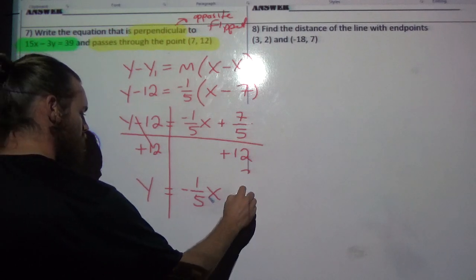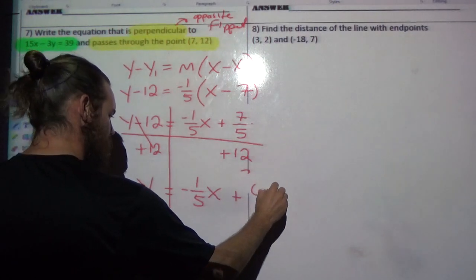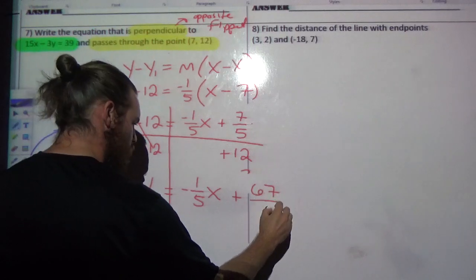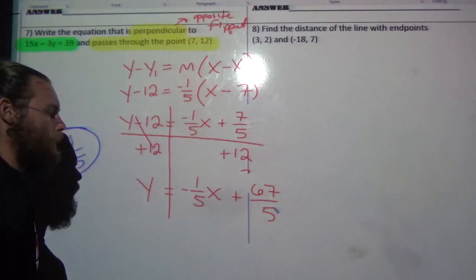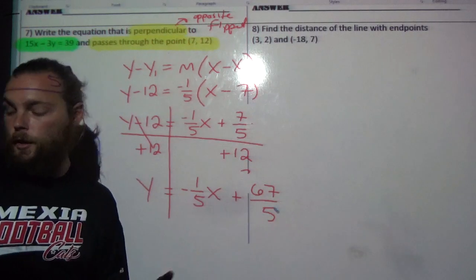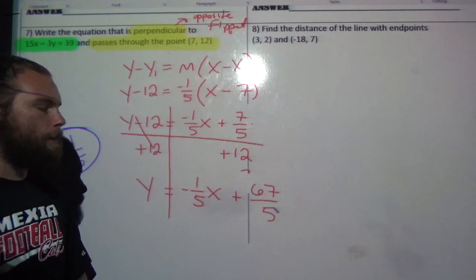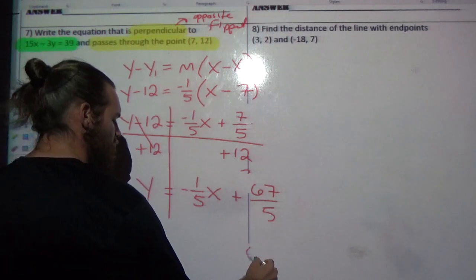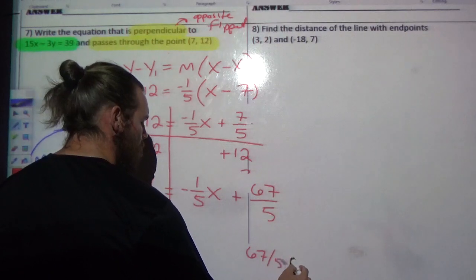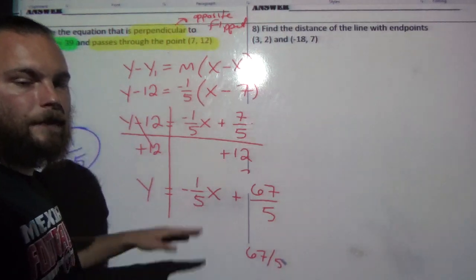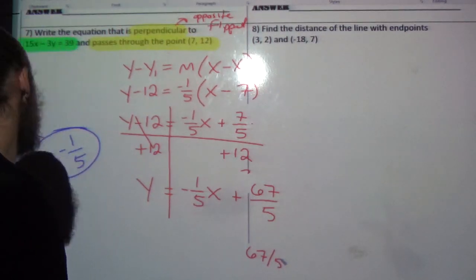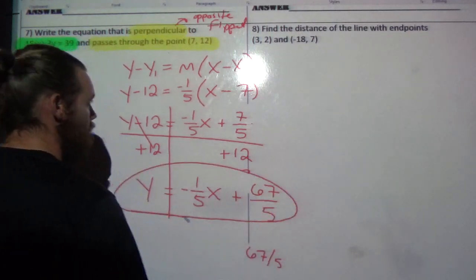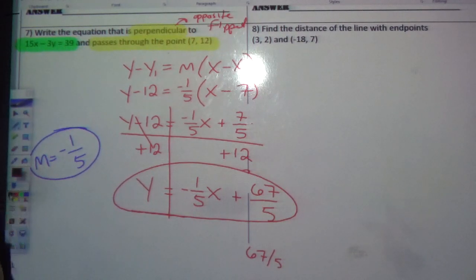Ends up as positive 67 over 5. When you get ready to put this into your answer document for your Bellringer, if you'll just put in 67 divided by 5, that'll work. So there's your answer to number 7.